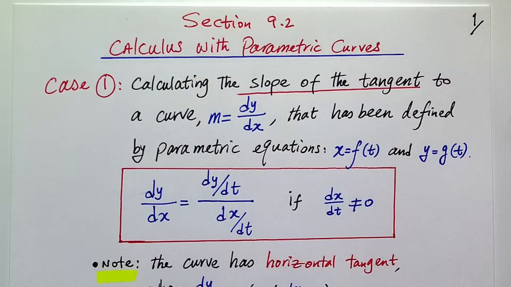And lastly, we will apply calculus to equations that have been given to us in terms of parametric equations, such that we want to calculate the arc length. So those are the three cases: calculation of the slope, which directly translates into calculating the equation of a line.